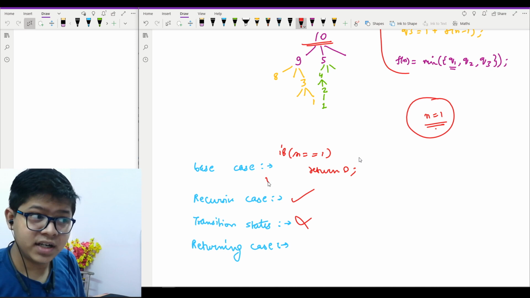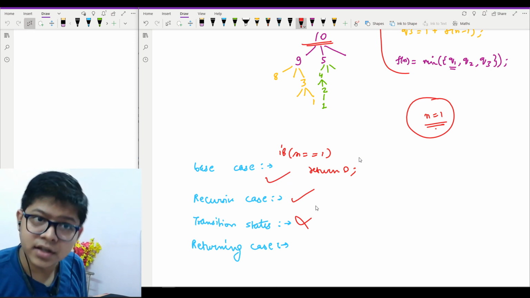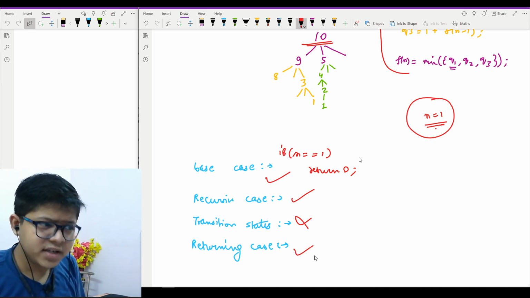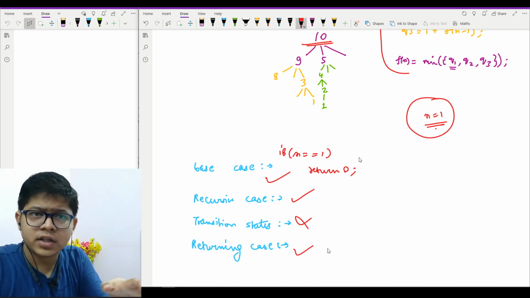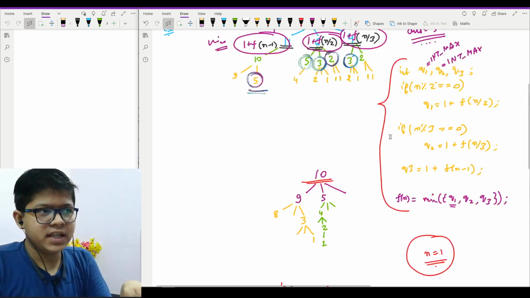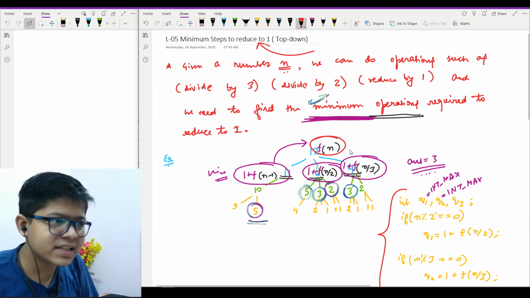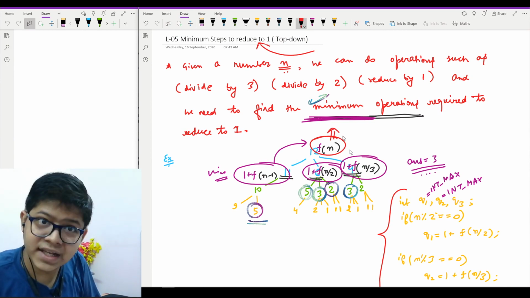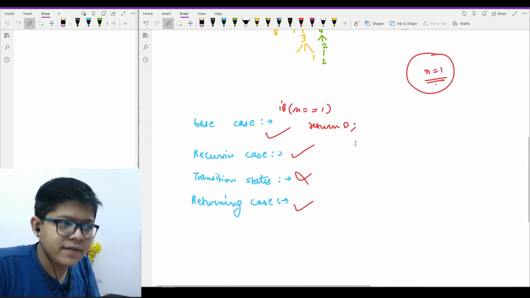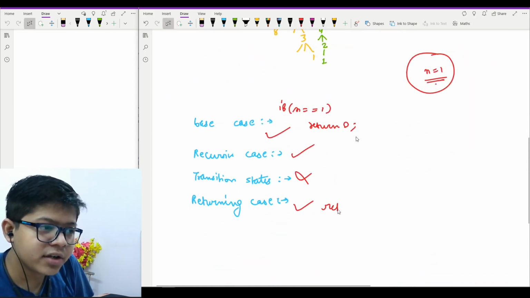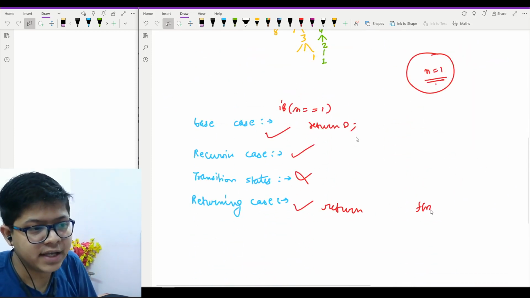So we have completed our base case as well as our recursive case. Then what is the returning case? See, what I wanted was the number of steps required for this number 12, so I will just return f of n.